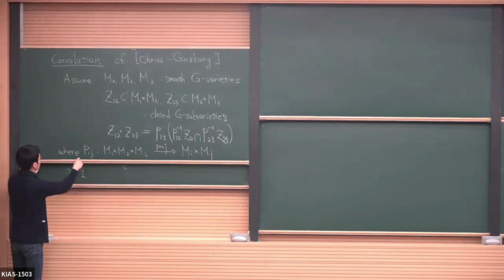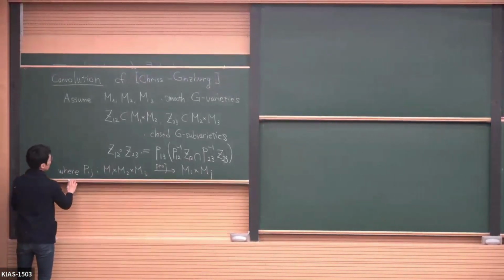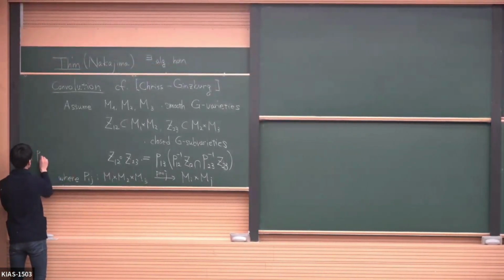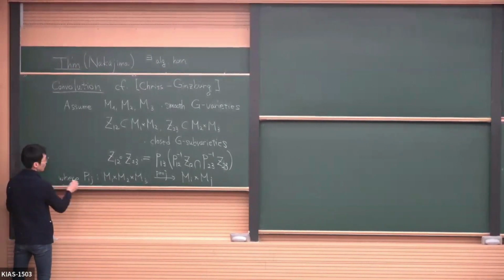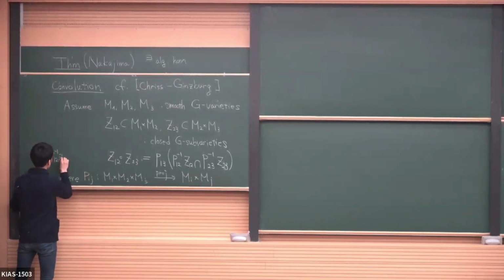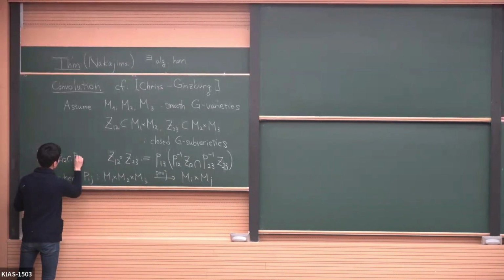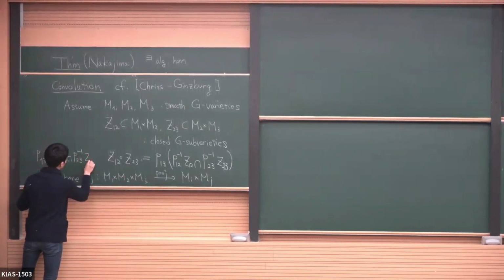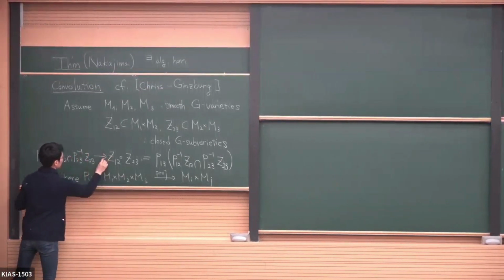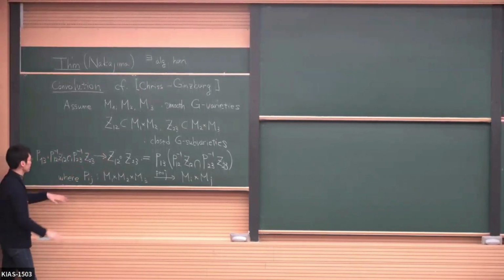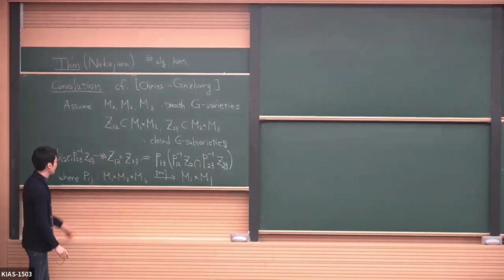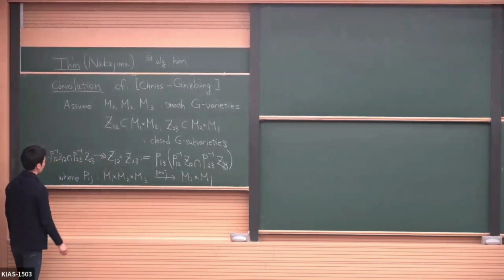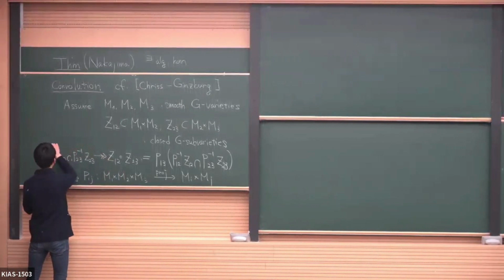And we assume that the projection P13 restricted to this intersection, so this is a surjection to this composition, and we assume that this is proper.